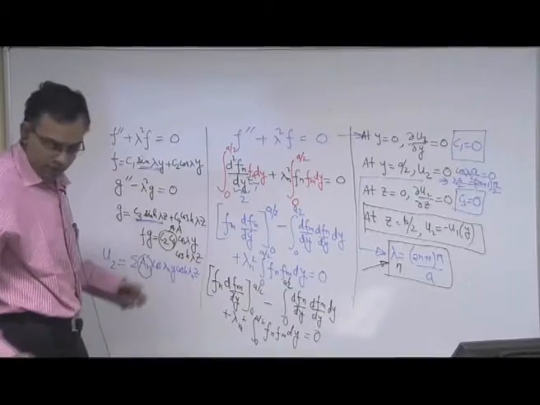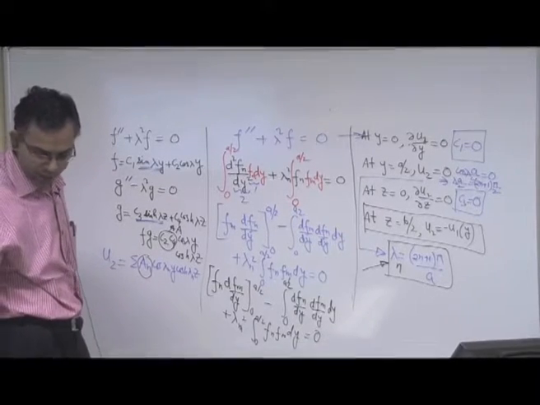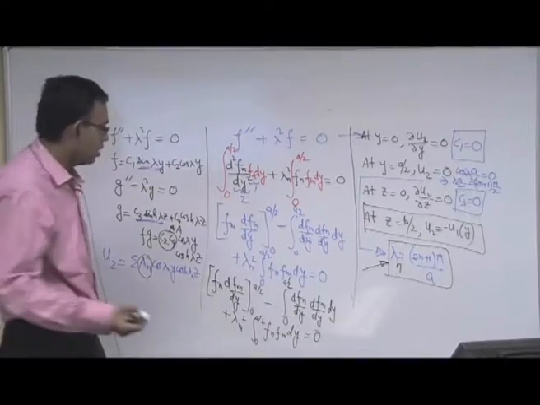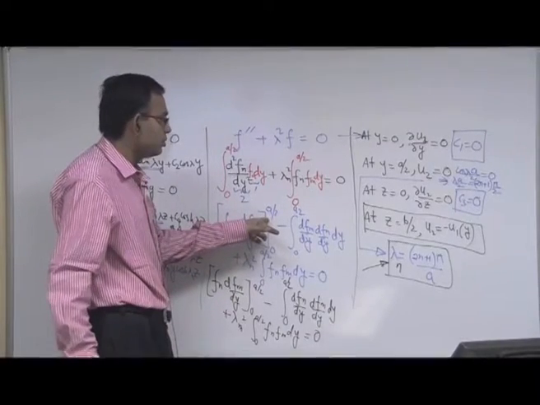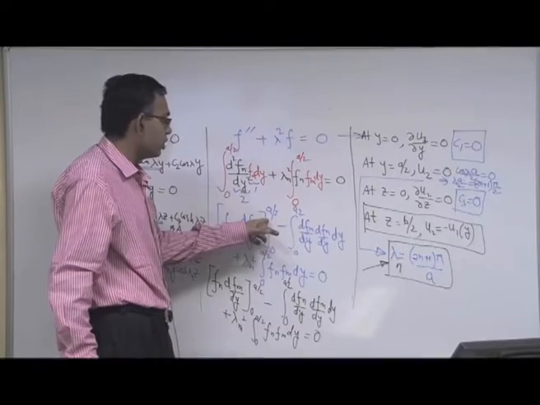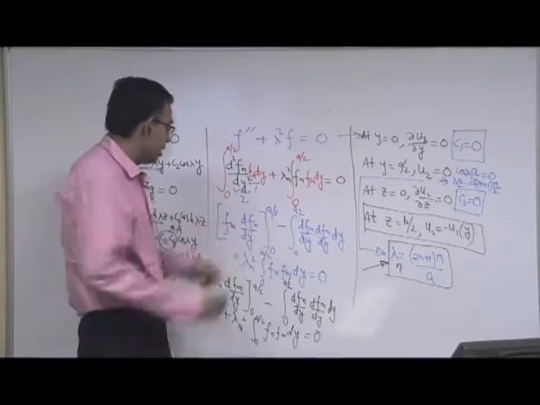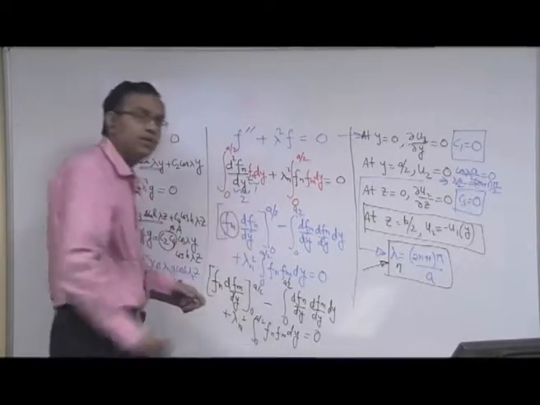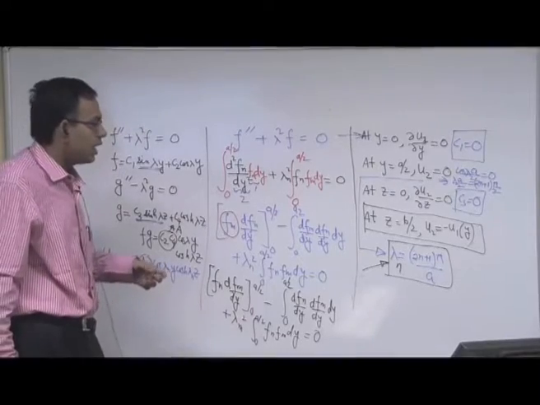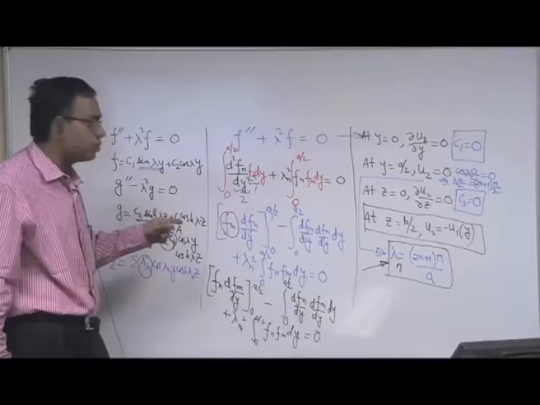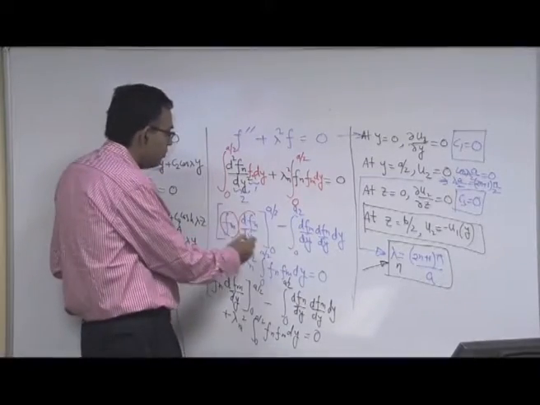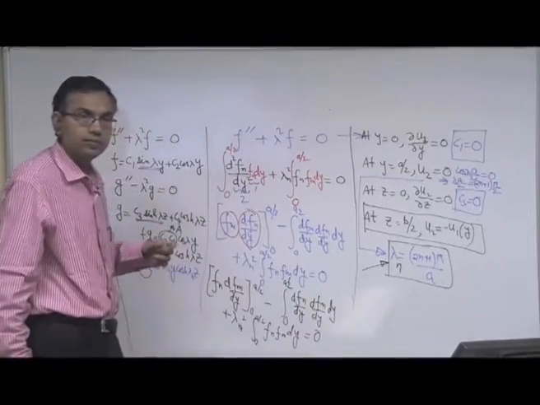Now, let us look into the boundary term. The term in the square bracket is the boundary term. At y equal to a by 2, u2 equal to 0, right. u2 equal to 0 means f equal to 0, and at y equal to 0, del u2 del y equal to 0, that means df dy is equal to 0.